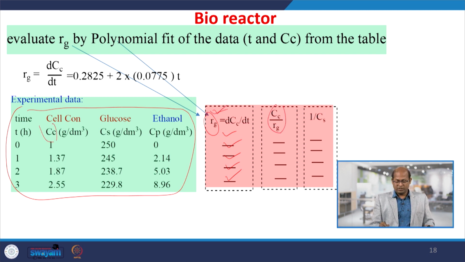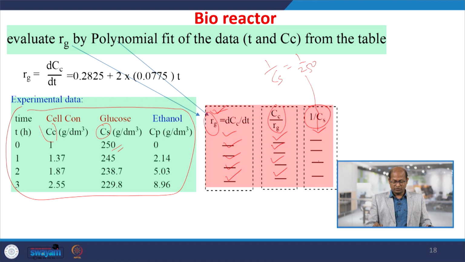And Cs is given, that is the substrate concentration, so 1 by Cs we can find out. Just the inverse of Cs, which is given as 250, so 1 by 250 is the first value. Like that, 1 by Cs values we can find out.